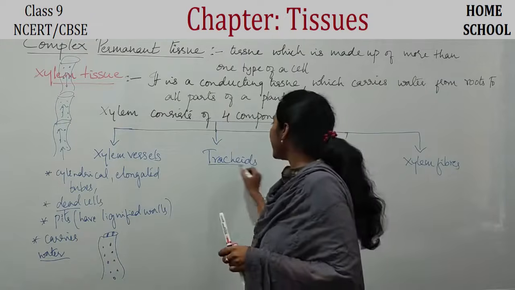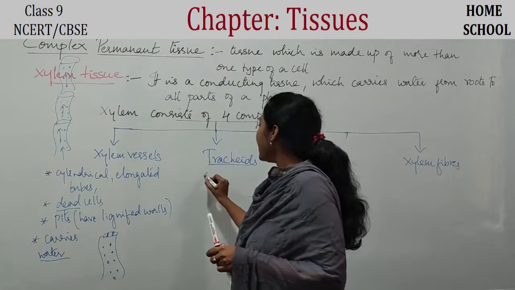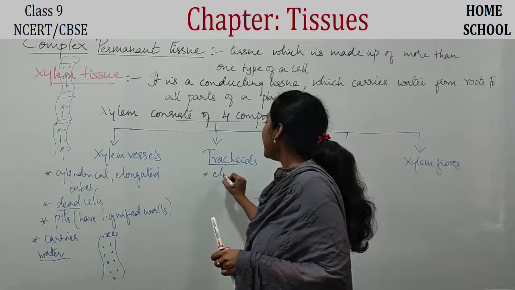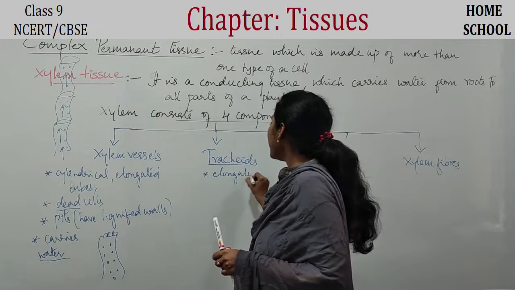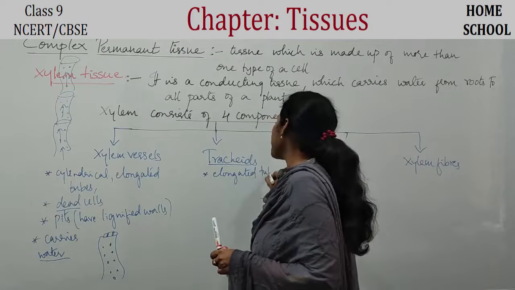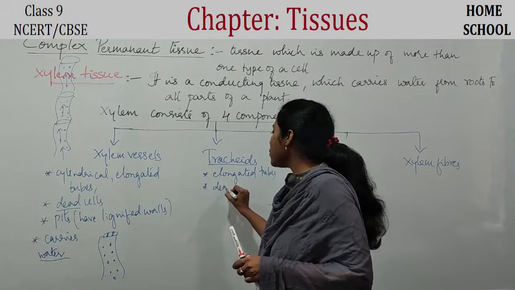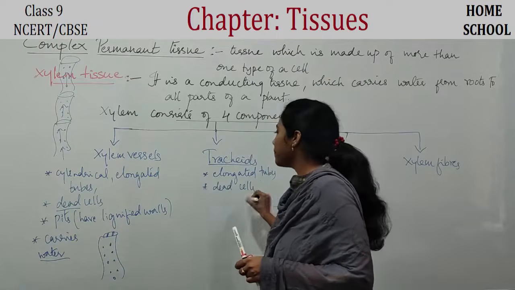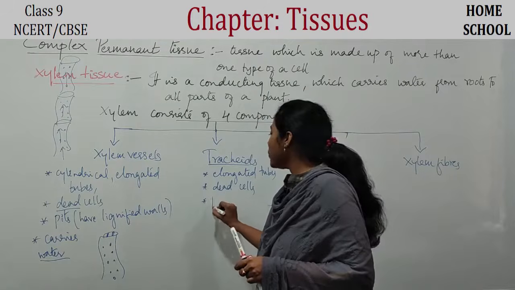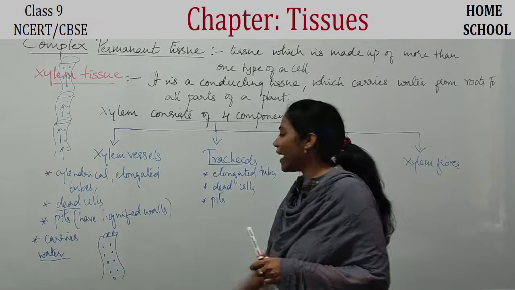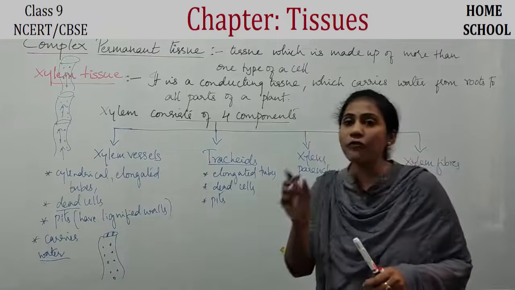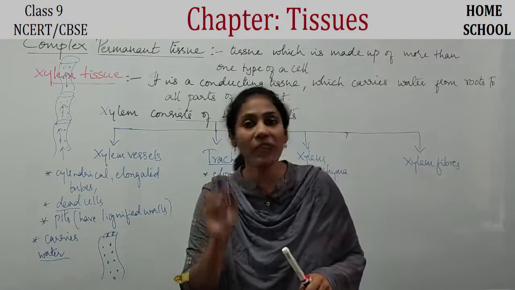And coming to the tracheids. Tracheids are elongated tubes. They are also elongated tubes only, and these guys are also actually the dead cells. Clear? And they also have pits. And the wall of a pit is made up of lignin.